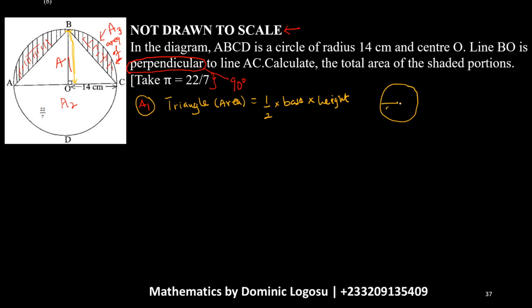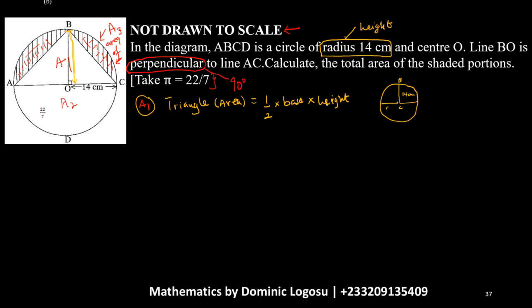So when you look at this closely, this is the same radius that is forming the height. And here, they said that radius is equal to 14. So they won't tell you that this is the height, but technically that's the height. Are we okay? Technically that's the height, so it means our height is 14 centimeters.